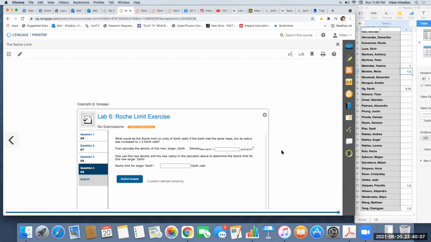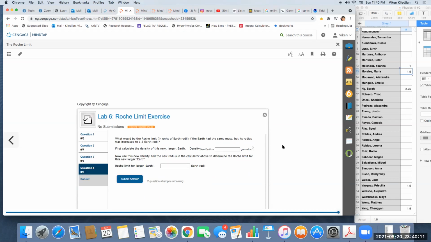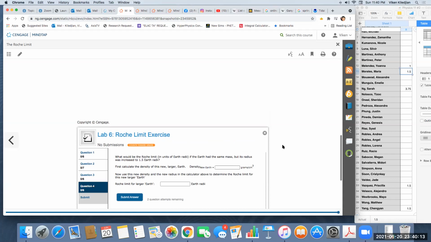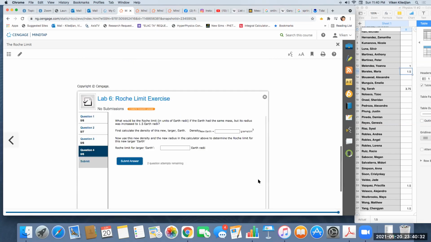So then they're saying, keep the mass of the Earth the same, but change its radius. So the radius of the planet is going to be 1.5. Then you're going to have to calculate the new density of the Earth if it was 1.5 times greater.